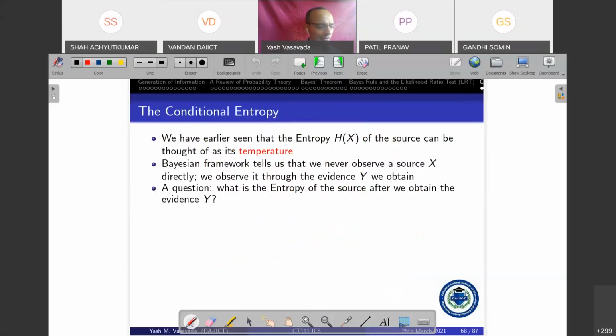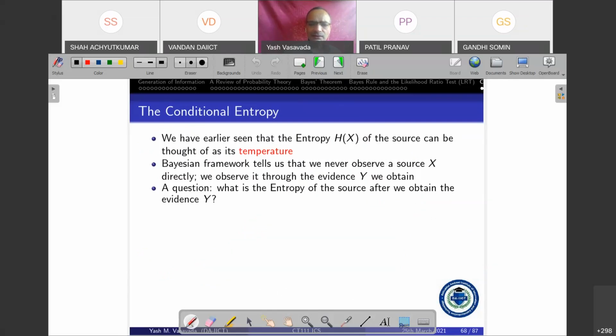Okay, so now we are moving on to the topic of answering the question regarding the information transfer through these types of channels. Right now we are looking only at the binary symmetric channel or BSC, but we will see there are other channel models as well that we will be looking at.